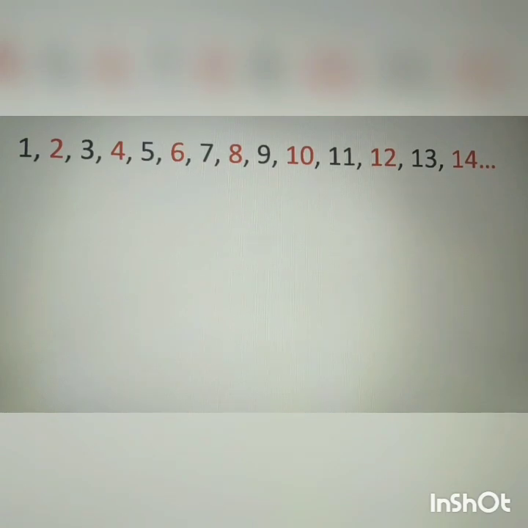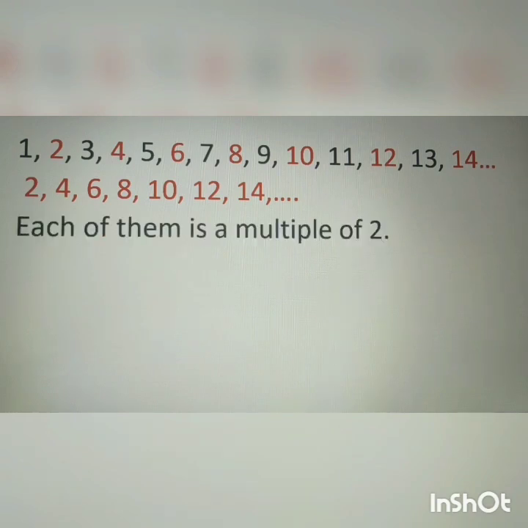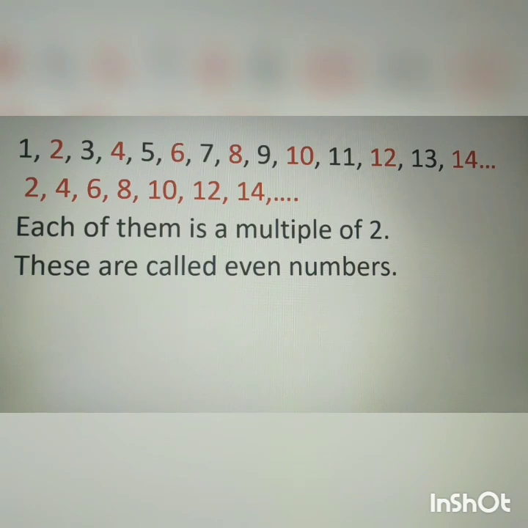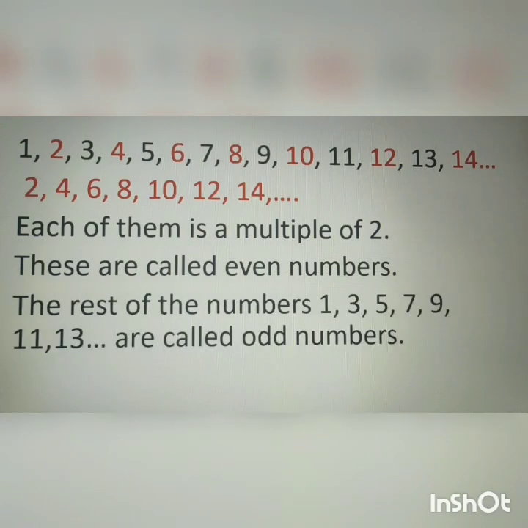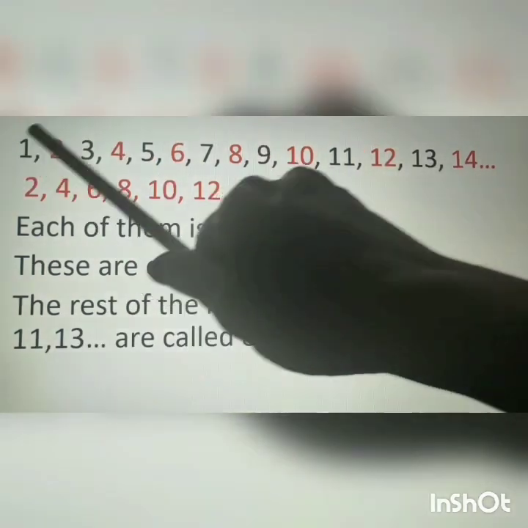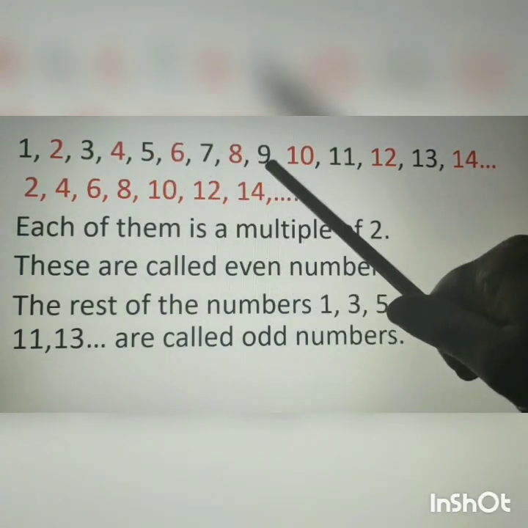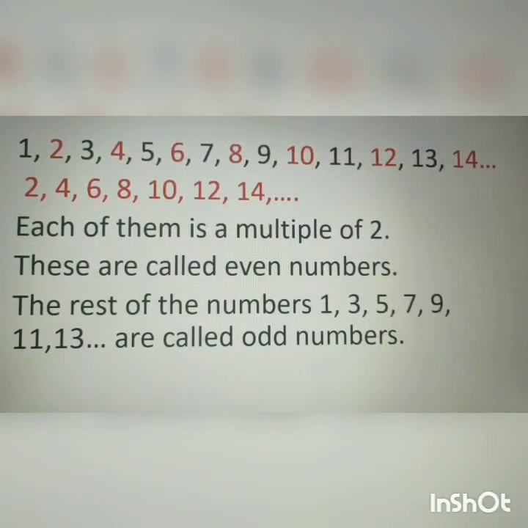Here numbers from 1 to 14 are given and we know multiples of 2 are 2, 4, 6, 8, 10, 12, 14, etc. Each of them is a multiple of 2 and these are called even numbers. The numbers which are multiples of 2 are called even numbers. The rest of the numbers 1, 3, 5, 7, 9, 11, 13, etc. are called odd numbers.